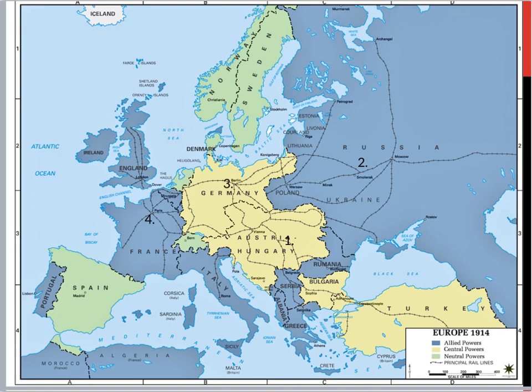The Schlieffen Plan basically said, if we are going to fight one of the two, the main conflict is going to be, let's attack France, knock them out of the war, okay?